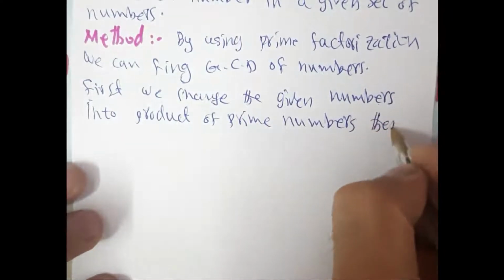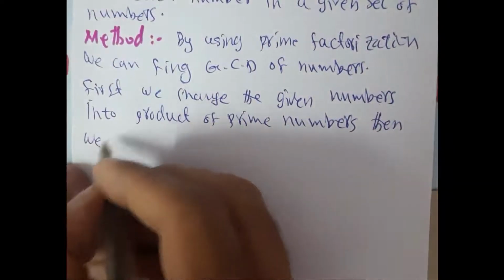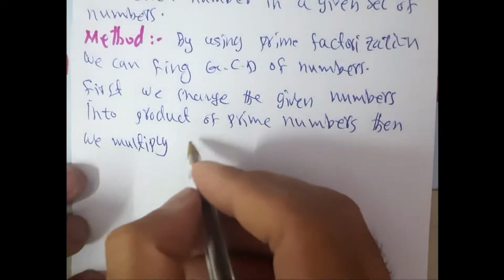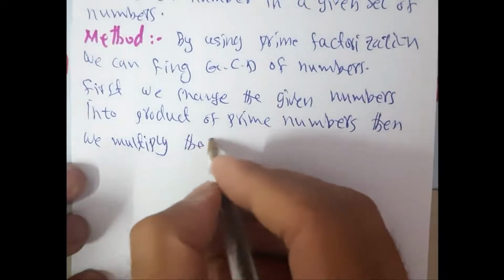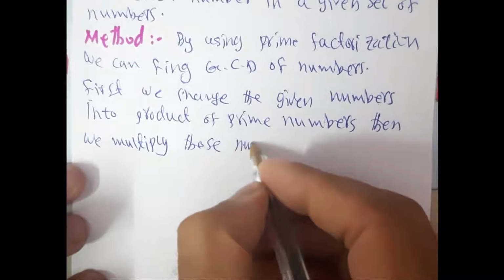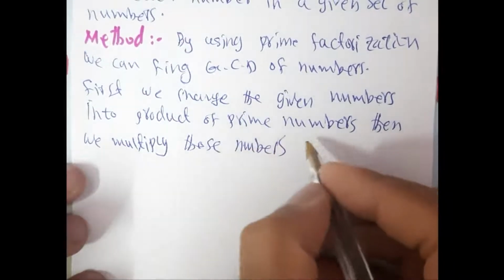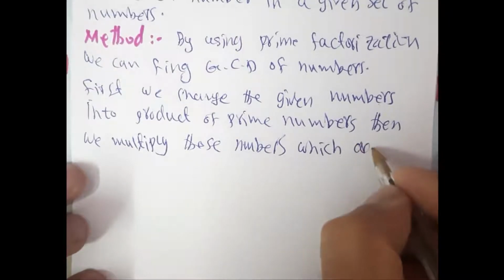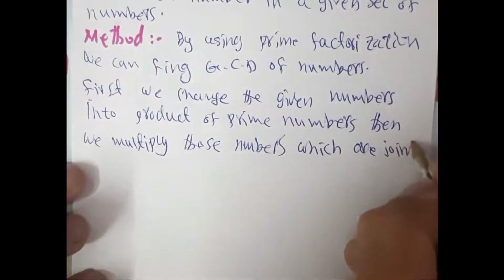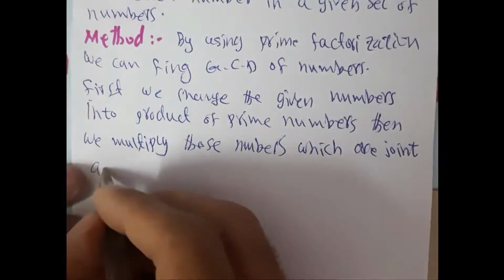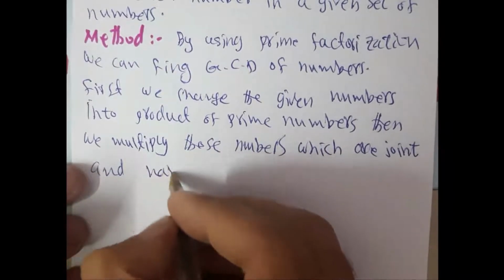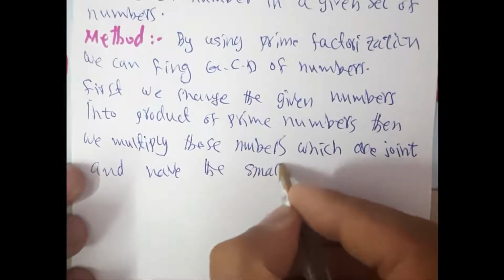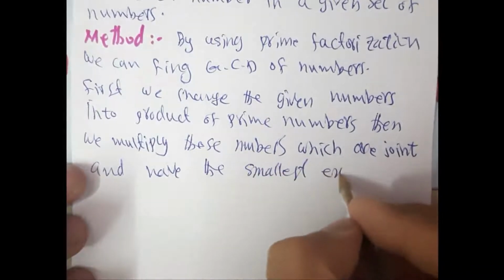Then we multiply those numbers which are joined and have the smallest exponent.